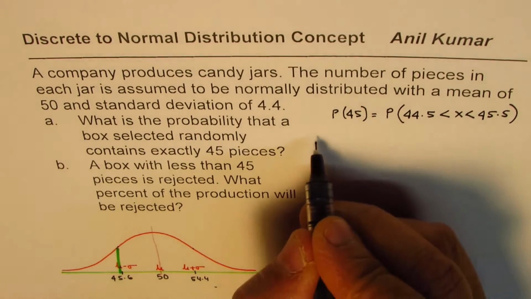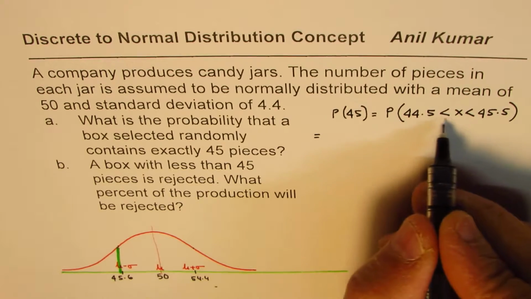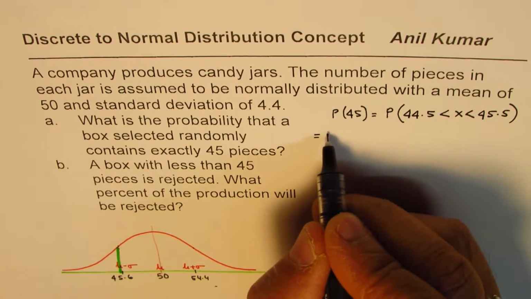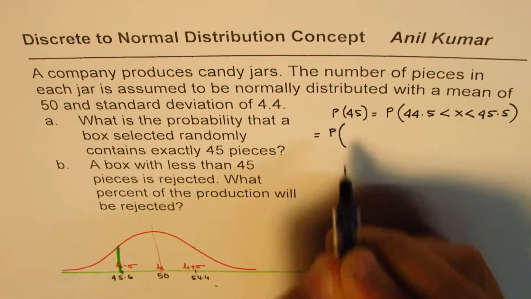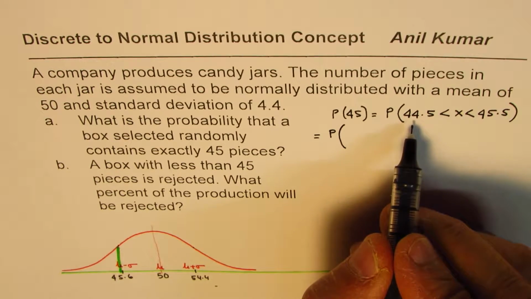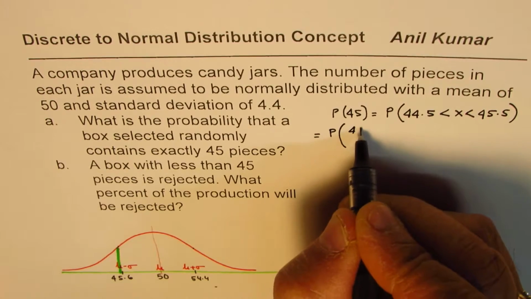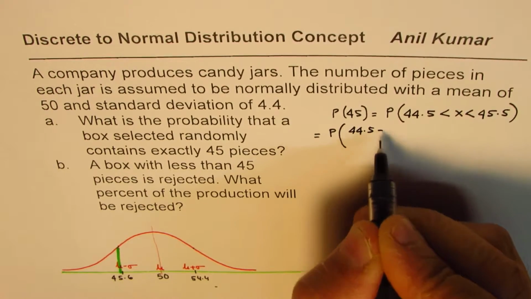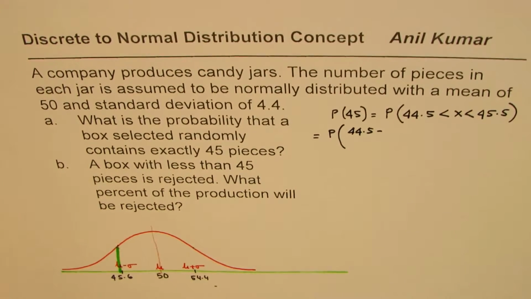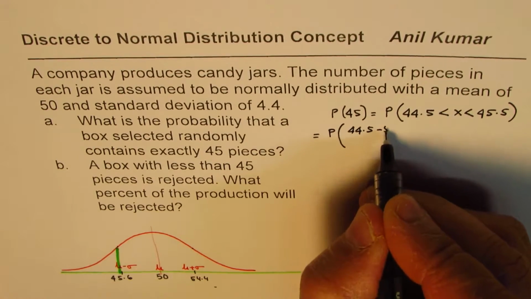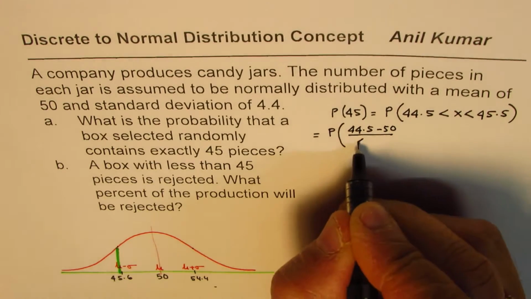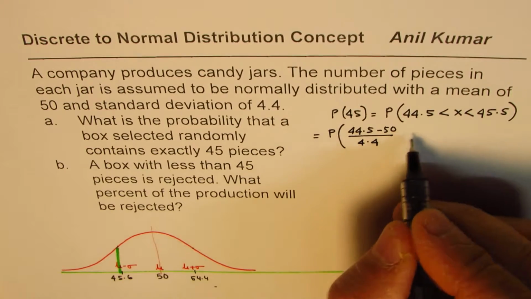And what we will do here is we'll translate this into z-score. So we can write this as probability for. To write them in z-scores, we have to take away the mean, divide by standard deviations. We have 44.5 minus mean. And what is the mean for us? 50. Divide by 4.4, the standard deviation.